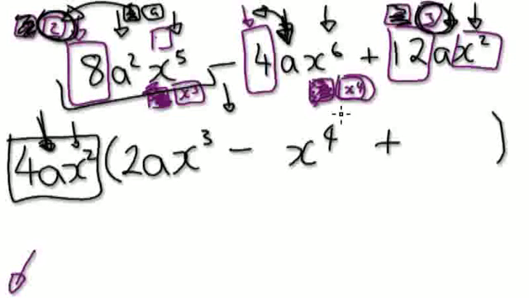Because 1 times x to the power 4 is just, well, don't need the 1 really. So here, 12, we've visualized the 12 as 4 times 3, and we've taken the 4 out because 4 is a common factor. So what's left will be a 3.